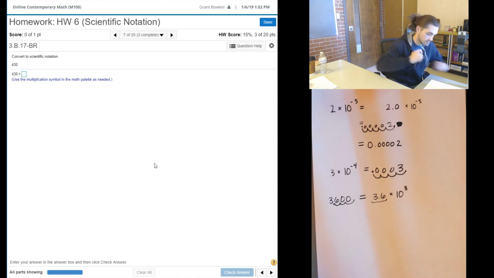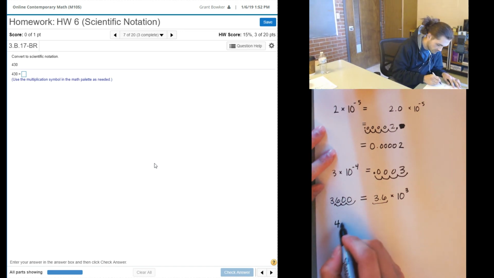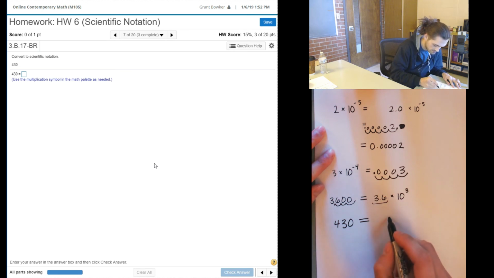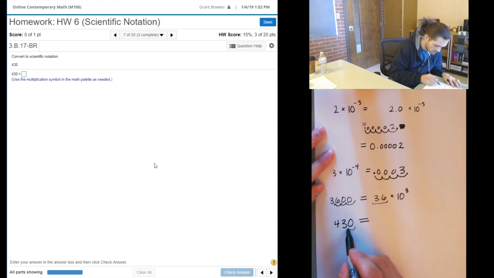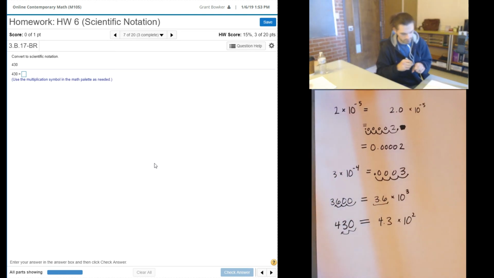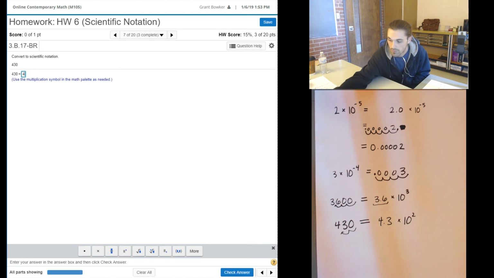430 converted to scientific notation. Well, that's 430. Here's our decimal place. We need to move it 2 spots to get 4.3 times 10 to the 2.